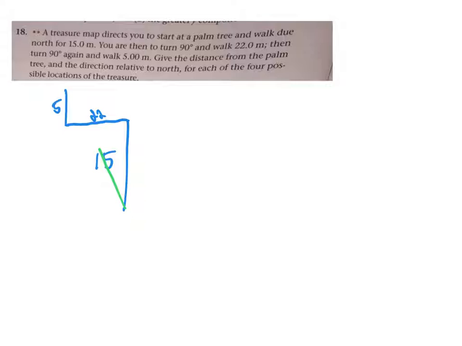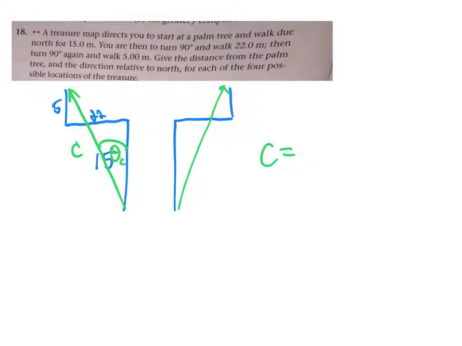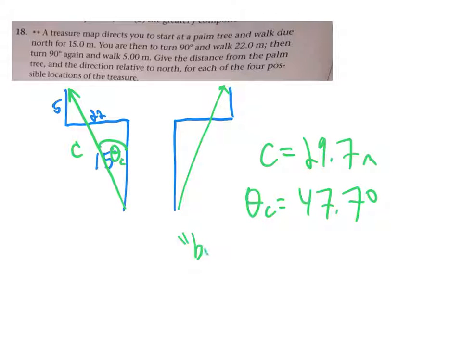And we're interested in this, which we'll call C and theta C. But I am remarkably lazy and will not actually do this, because we can see this is the mirror image of case B, where we had this, and that was case B. And so the length will clearly be the same. So C is also 29.7 meters. And theta C is also 47.7 degrees.